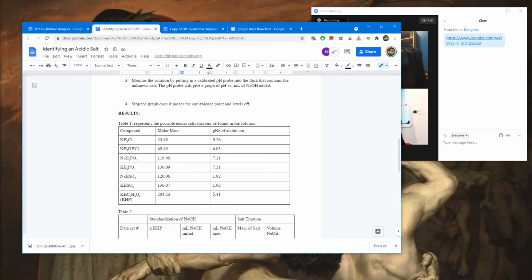At the half equivalence point, the pH is equal to the pKa. So let's look for that. The half equivalence point is the midpoint of the titration curve's flat region. It seems like the midpoint is maybe a pH of like 5.5 perhaps?